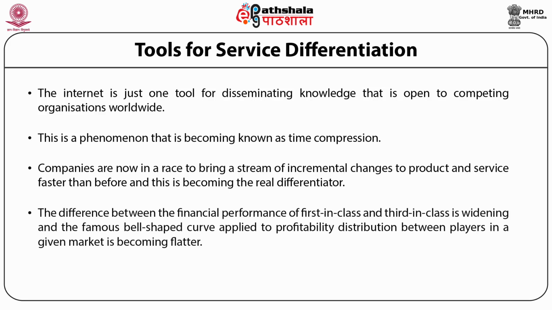The difference between the financial performance of first in class and third in class is widening, and the famous bell-shaped curve applied to profitability distribution between players in a given market is becoming flatter.